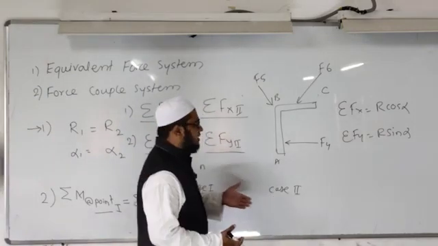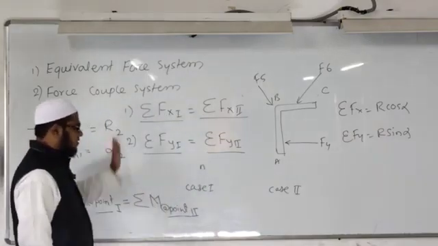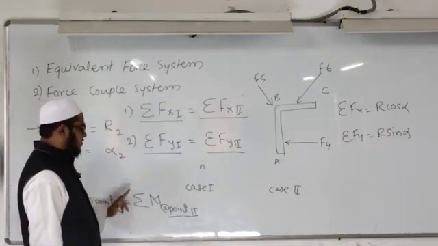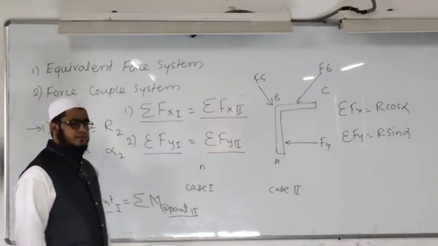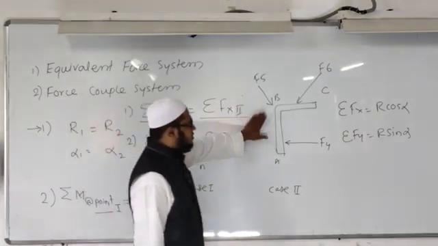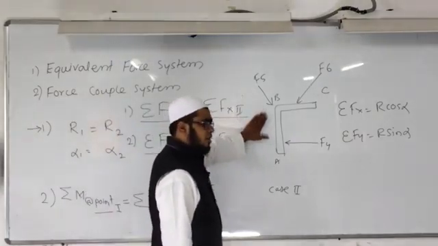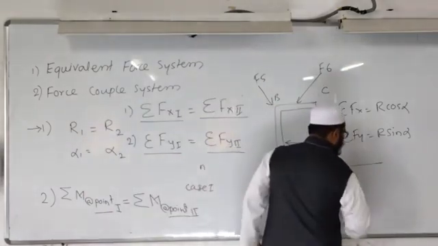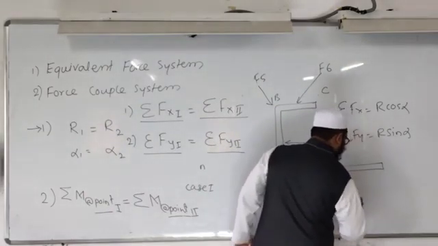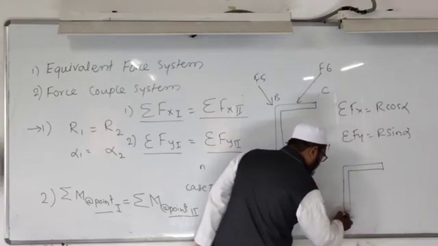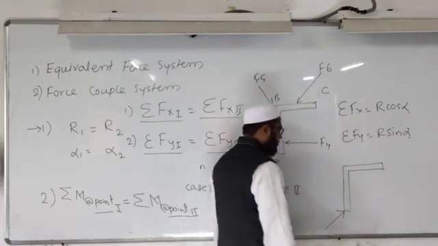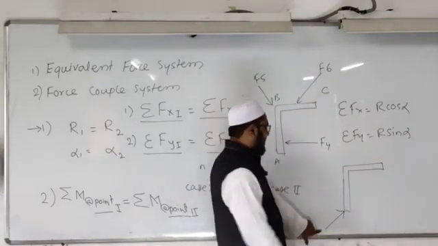We will use these three conditions of equivalent force system. This force system is given to us, and in the second they have asked to obtain another force system in which only a single force is acting at point A.